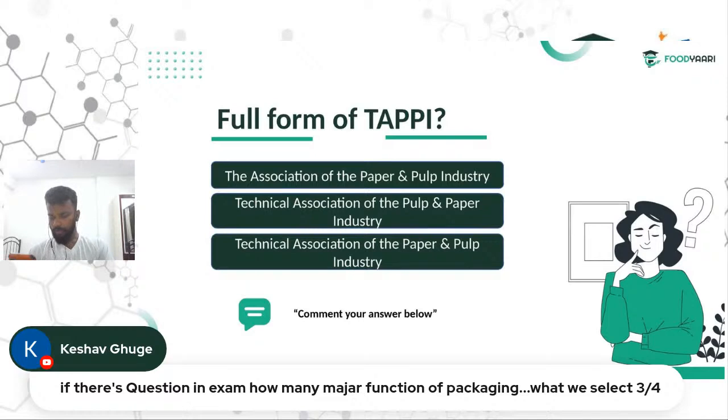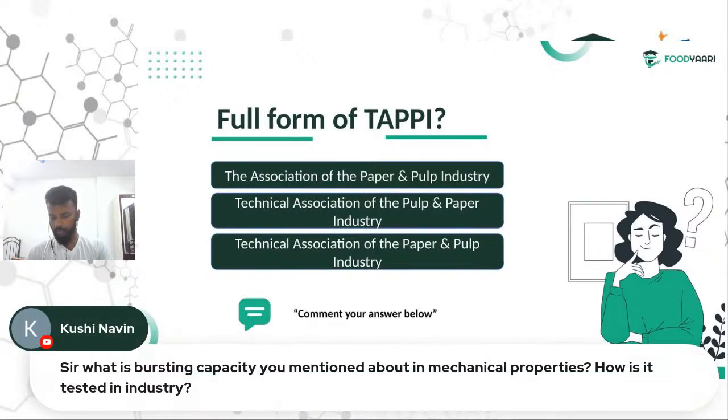What is the bursting capacity you mentioned in mechanical properties, and how is it tested in the industry? There is a tester known as a bursting tester, which we may not see this time, but we will see in the future.